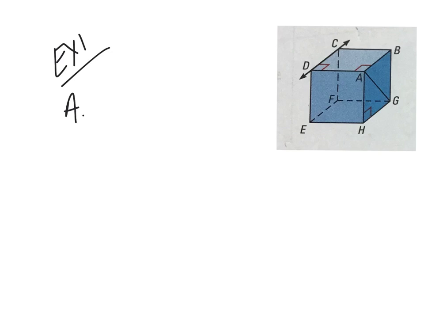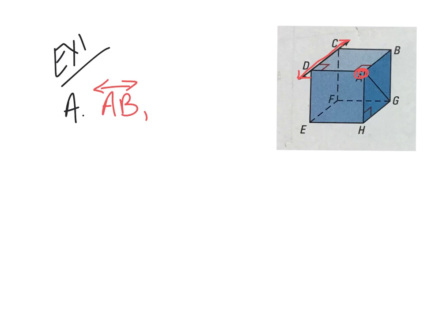So let's find point A, and then it's parallel to line CD. So what lines fit those? AB. AB would be one. So line AB. Is there any other ones that include the point A?